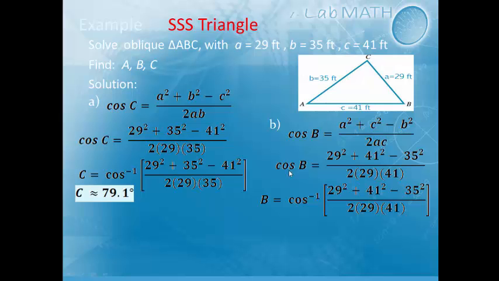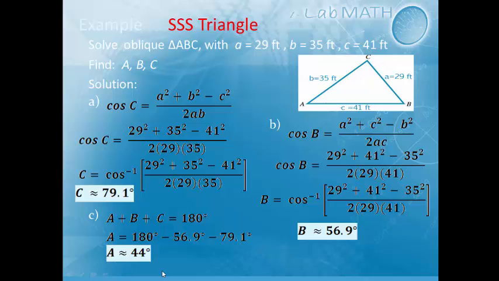Since you already have one known angle, I use another cosine law looking for B, but actually you can use sine law. You will just get the same answer, and that is angle B is approximately 56.9 degrees. Since two angles are known, you can now use the theorem to look for the remaining angle, which is angle A, and A is approximately 44 degrees.